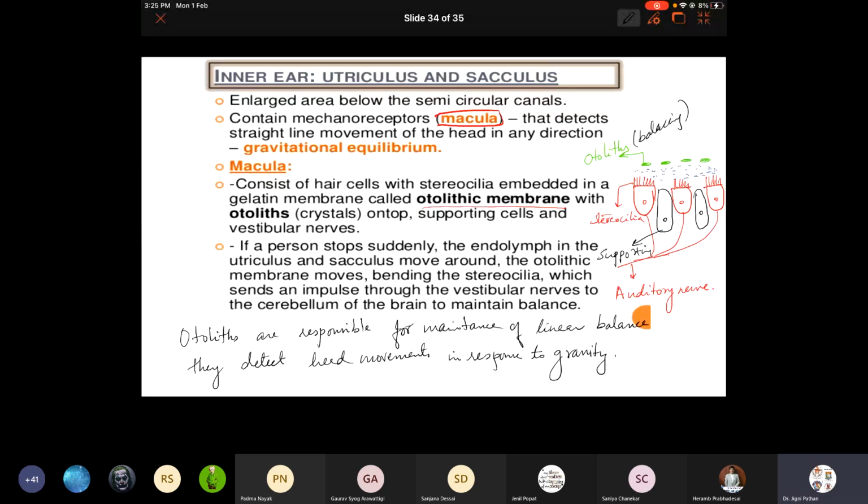So which is the sensitive part of utriculus and sacculus?